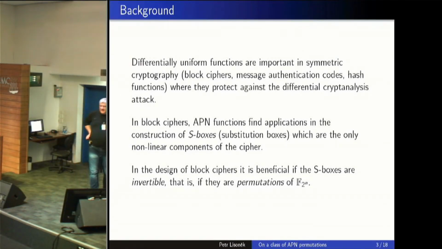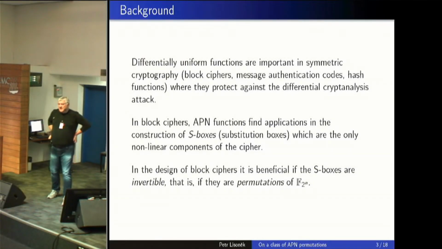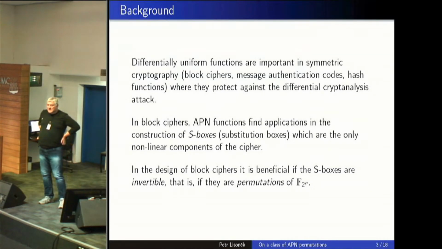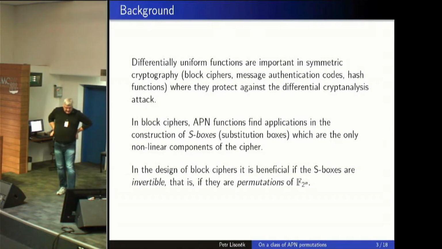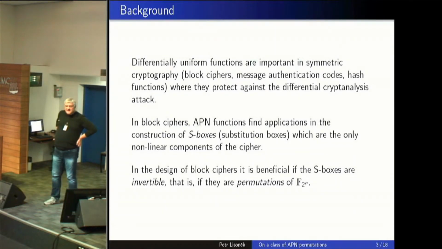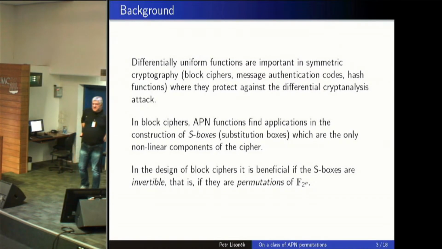In particular, in block ciphers, these APN functions can be used to design the so-called S-boxes or substitution boxes, which are essentially the most critical parts of the block ciphers because they are the only non-linear components of the cipher. And in certain designs of block ciphers, for example, the substitution permutation networks, it's also of advantage if the S-boxes are invertible. So that means if they are permutations.